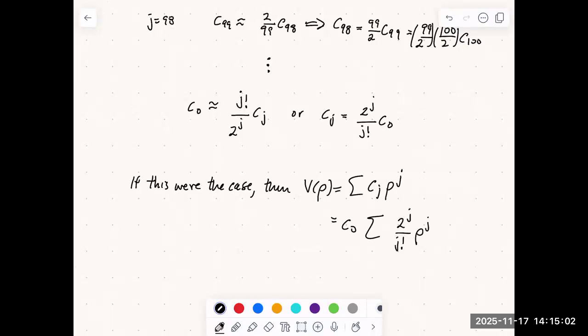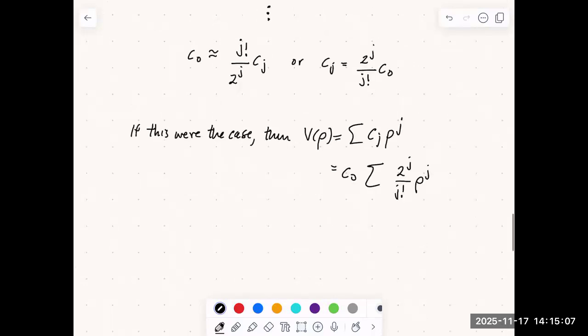But the 2 to the j and the rho to the j, I can combine those things. And so this would be C0 sum over j of, let's see, 2 rho to the j over j factorial.